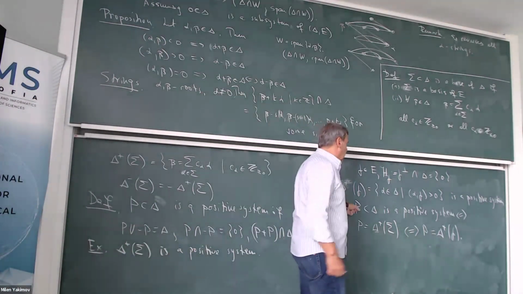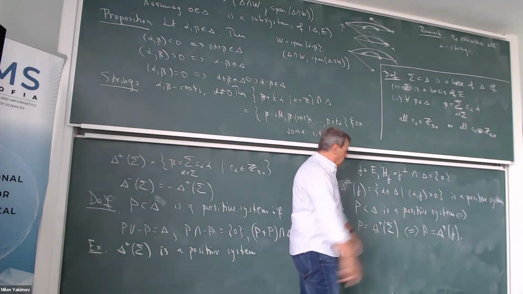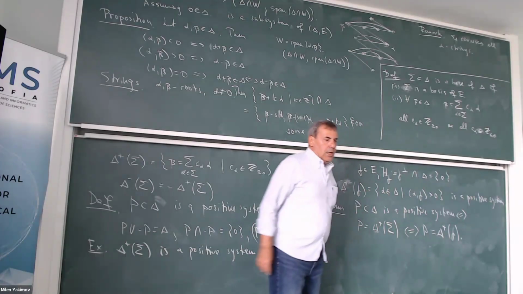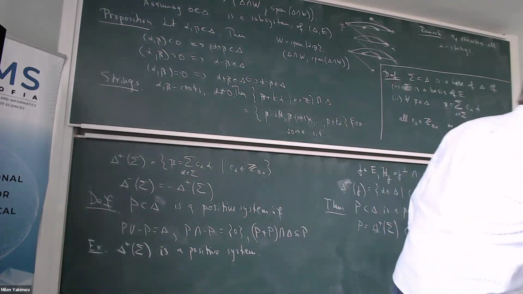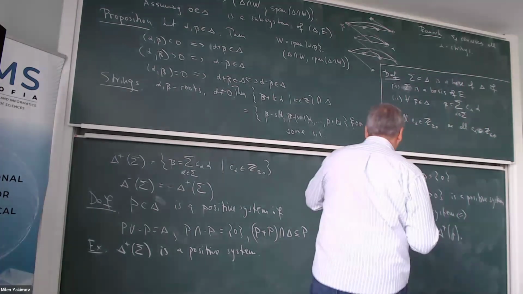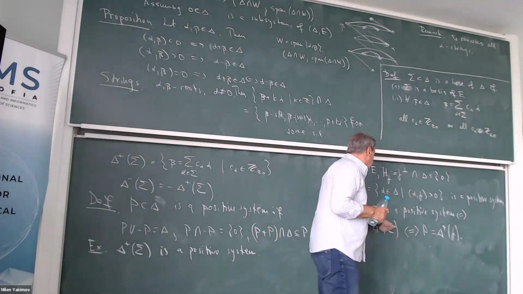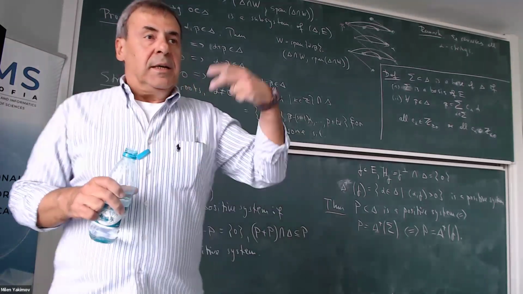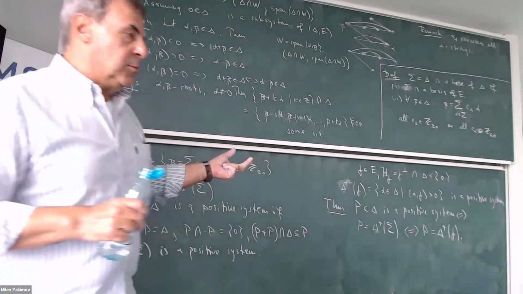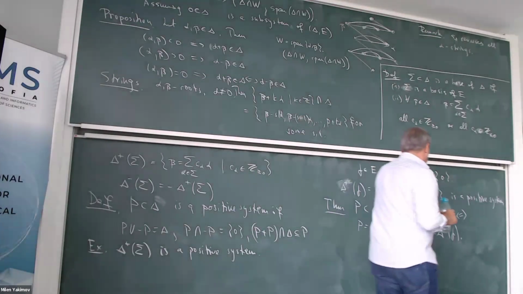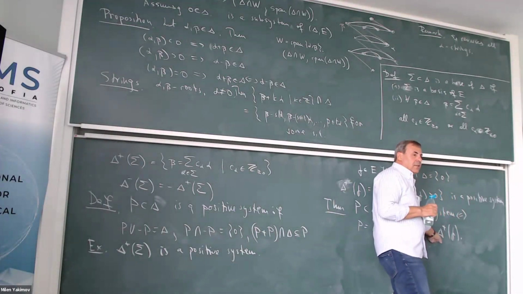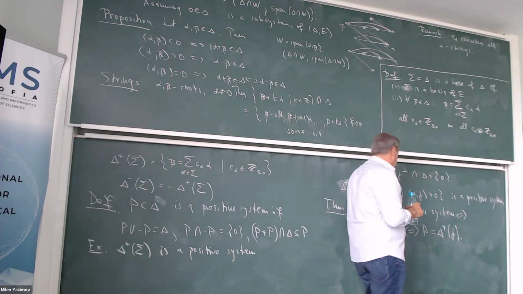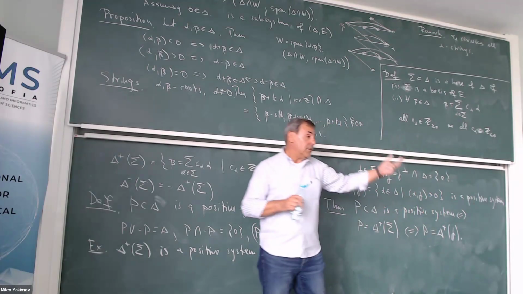And in particular, in the process of proving this theorem, we prove that every positive system contains a base. So this proves the existence of bases, because positive systems exist, by the construction of a positive system. Then it is the positive system of the base.